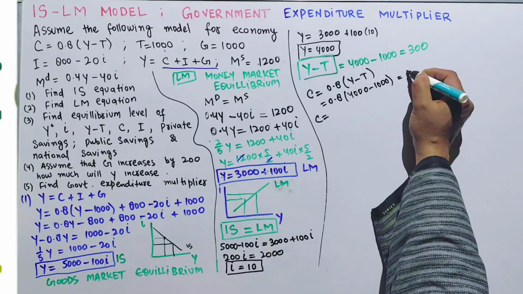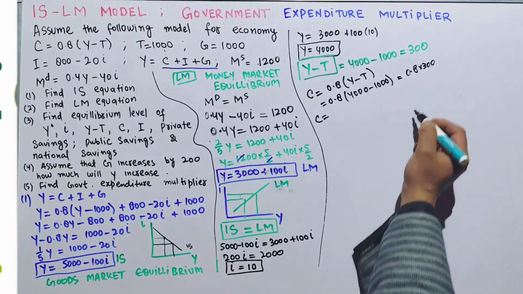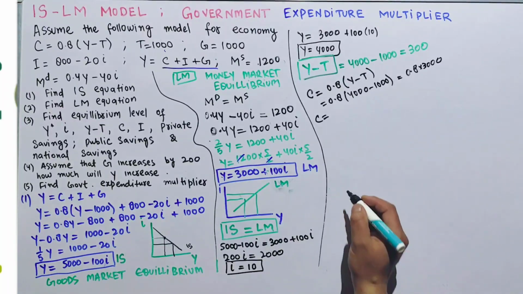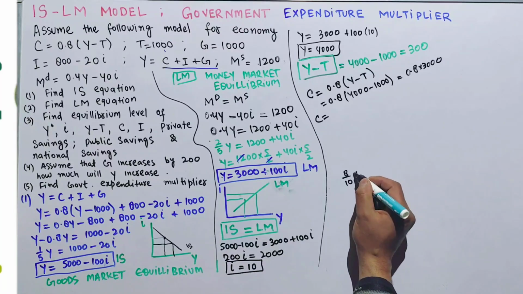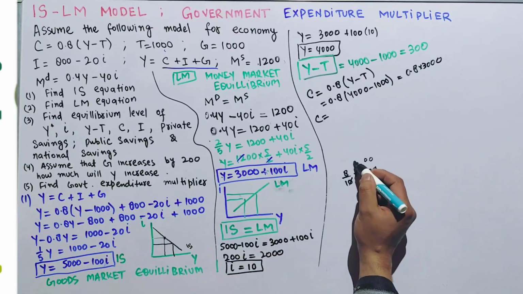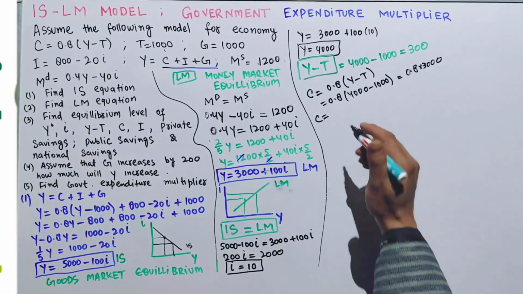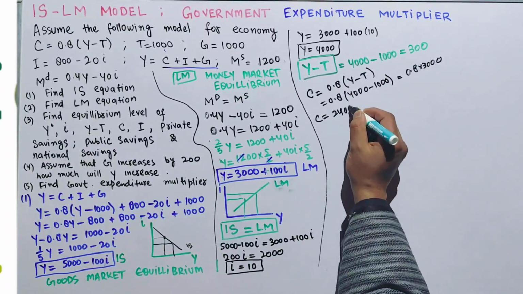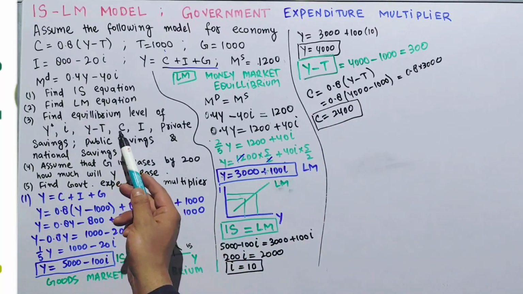Let me write it here, 0.8 times 3000. So 80% of 3000 is 8 divided by 10 into 3000. This gets cancelled, 8 threes are 24. So we got the equilibrium level of consumption as 2400. Next we need to find out the investment.